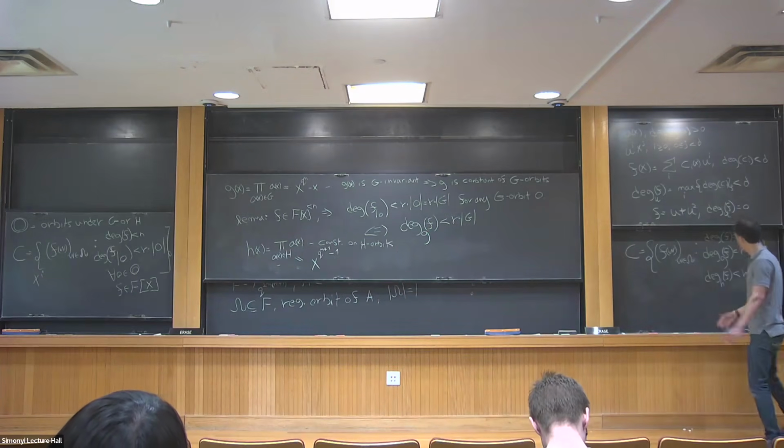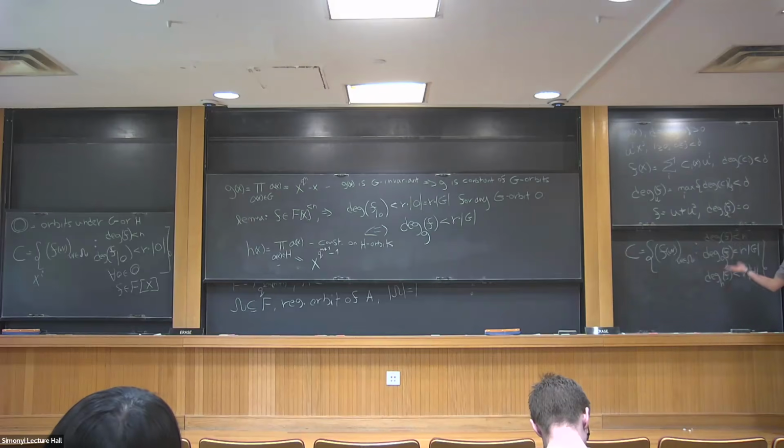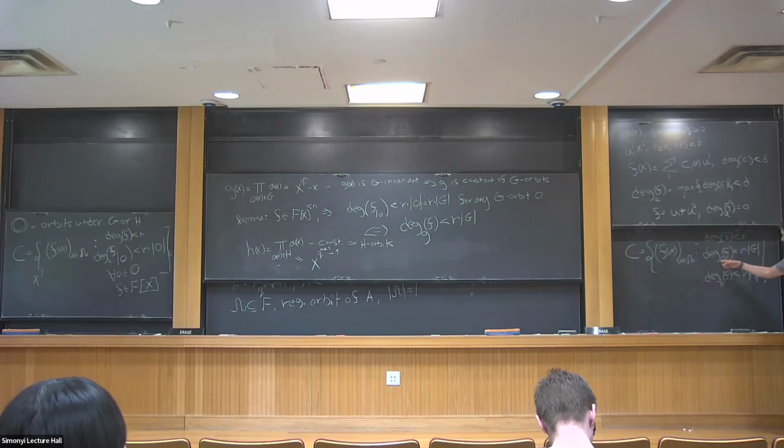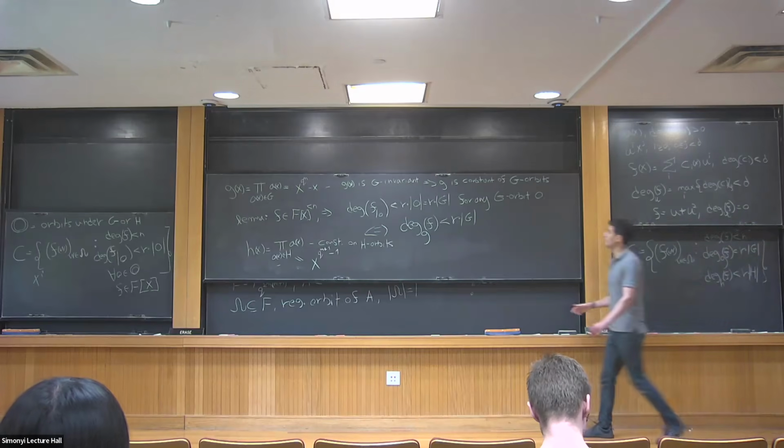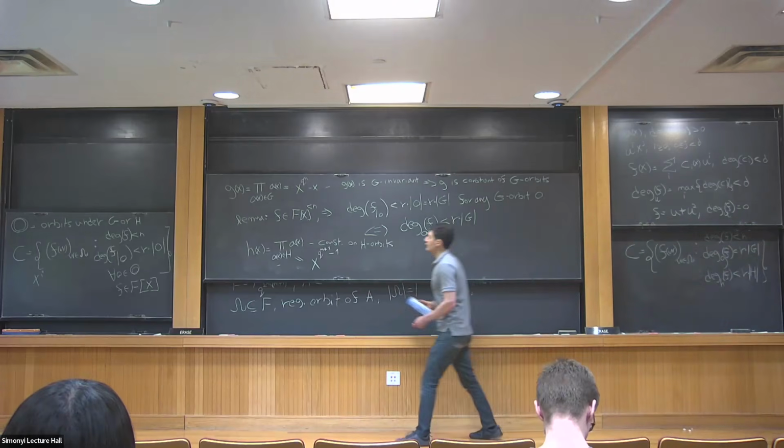So the problem boils down to understanding these objects: all polynomials whose g-base and h-base degrees are small.